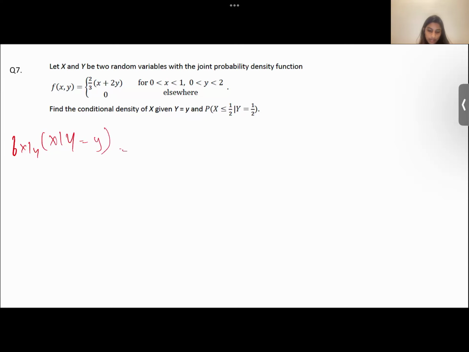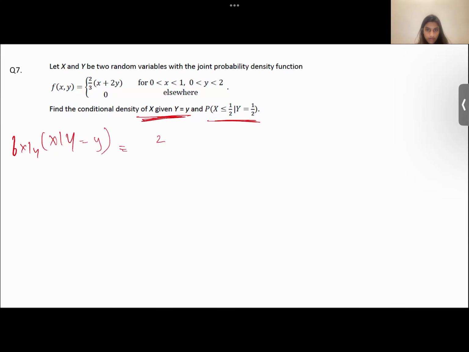They've given the limit of x. You have to calculate the conditional density of x given y and the probability. So let's first do this. Conditional f of x given y is equal to y.